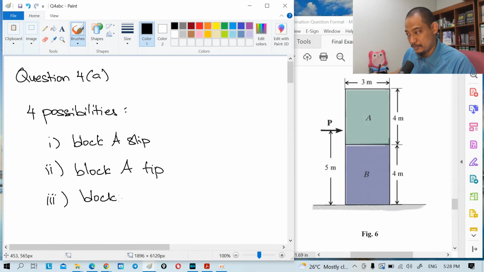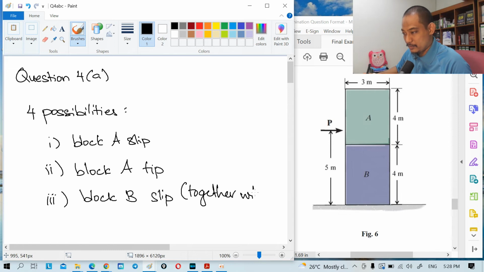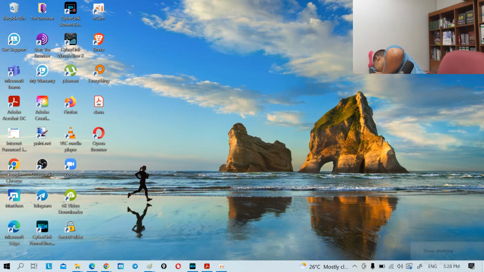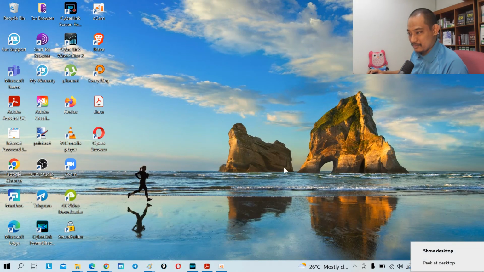Alright, so number three, block B slip. Meaning that together with A, because A is on top of it.